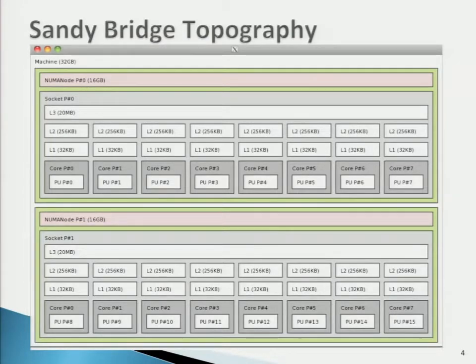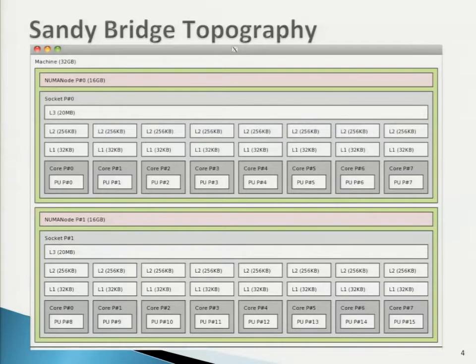We look at this and we see, first of all, that we have 2 sockets. We have a socket P0, or package 0, and another socket down here, socket P1. You can see that attached to each socket, we've got something called a NUMA node, 16 gigabytes. What this is saying is we have 16 gigabytes of RAM in what we call the NUMA domain associated with this socket, and likewise for the other socket, we have 16 gigabytes of RAM here.